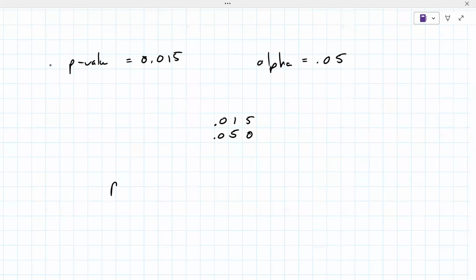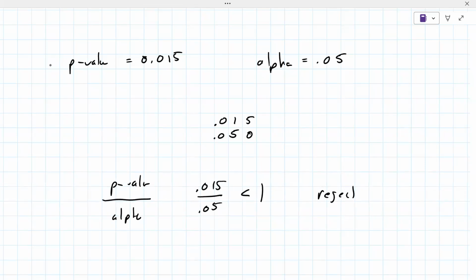You can take the p-value and divide it by the alpha, 0.015 divided by 0.05. If this number is less than 1, you reject. I don't know if that's easier for you, but that's another possibility.